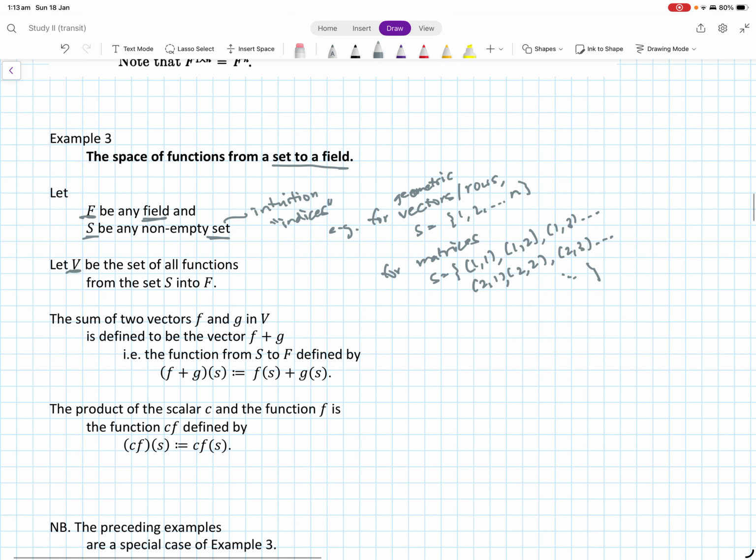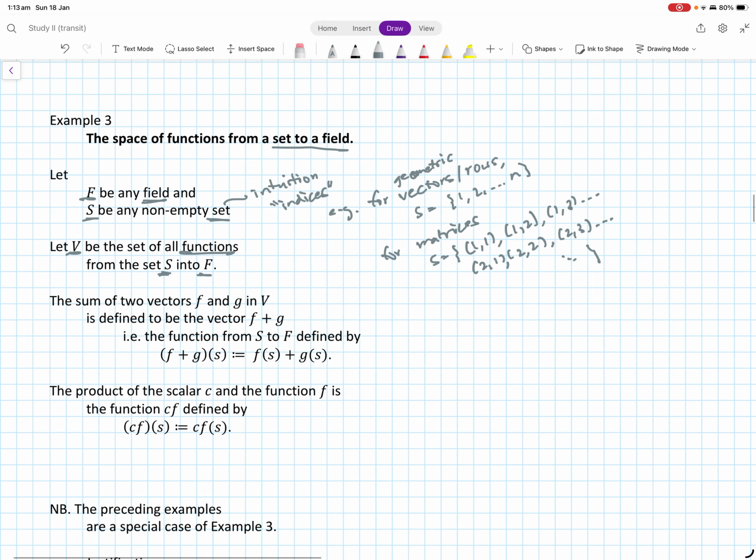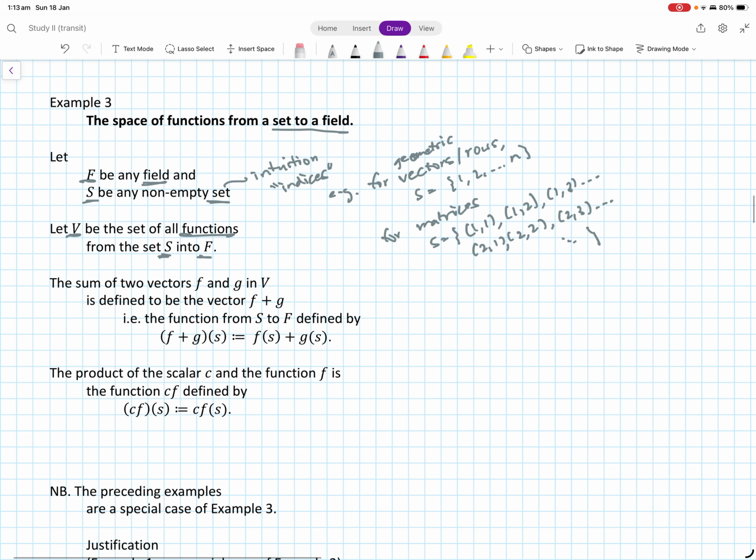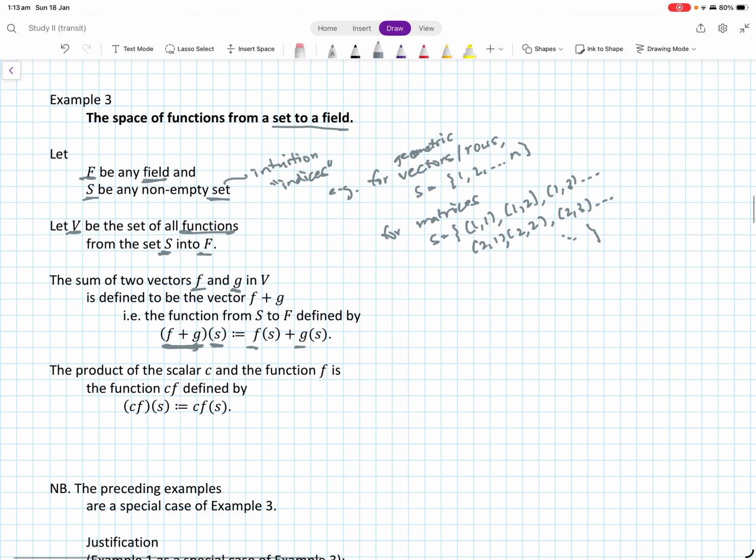And V is the set of all functions from the set S to the field F, right? So one can see it's very similar. And then the sum of two vectors, f and g in V, is defined as follows. The sum of these two vectors, the sth component, is defined to be the sum of the sth component of f and g individually.